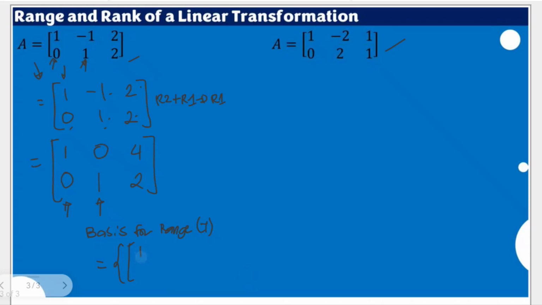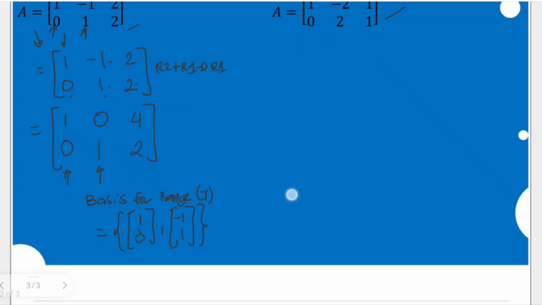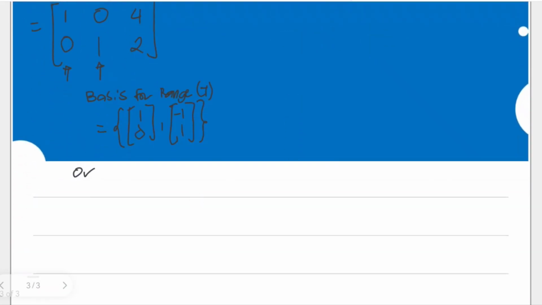You have 1, 0, and the second column is -1 and then 1. Or you could rewrite this in the form of vectors: 1, 0, and -1, 1.